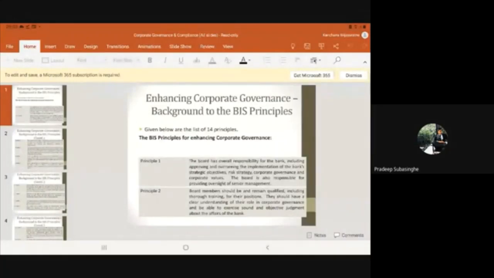So we went through the details, and then we identified what the rights and obligations are, and how this concept can be brought into the practical governance environment. Then we went through the different types of board structures, unitary and the dual or two tier.